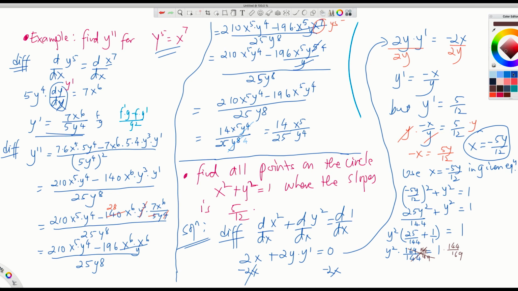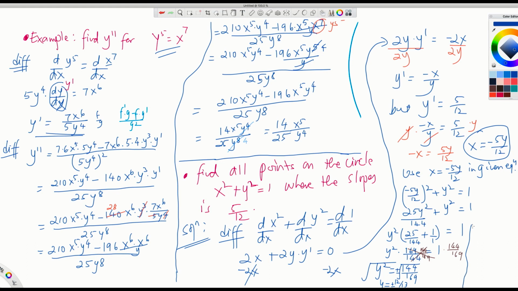So what you get is y squared equals 144 over 169, right? So you need to take the square root. If you take the square root, you need to consider both plus and minus. Okay, so y is how much? Plus and minus 12/13. So you got the value of y.